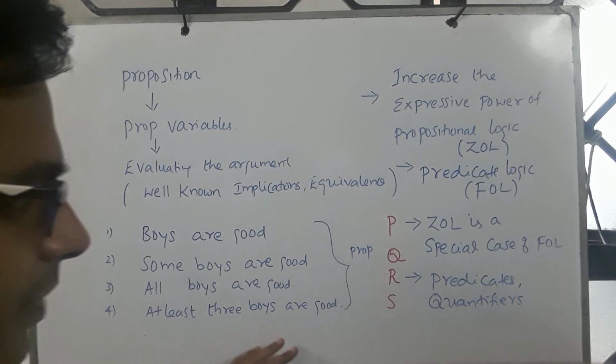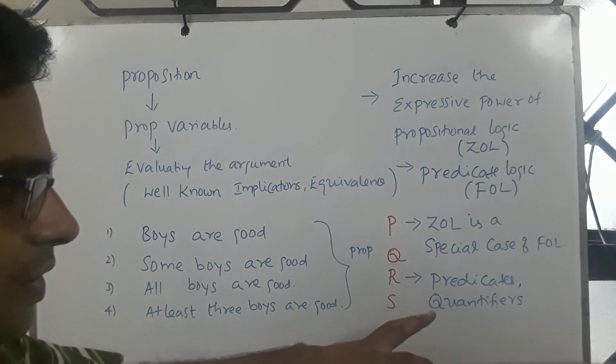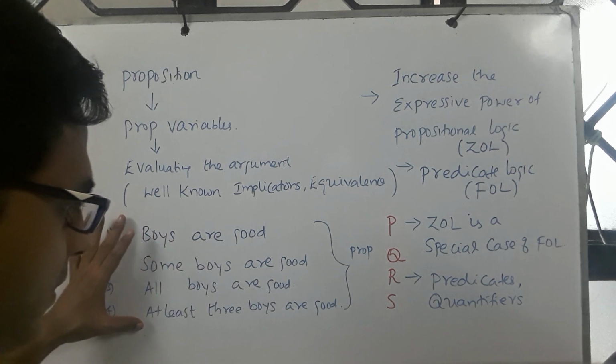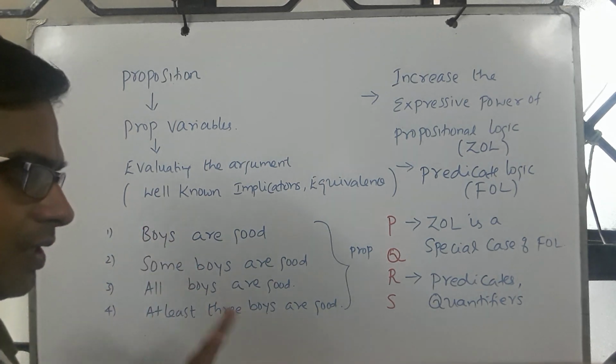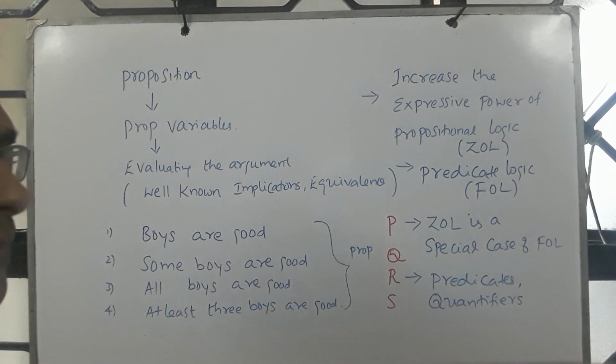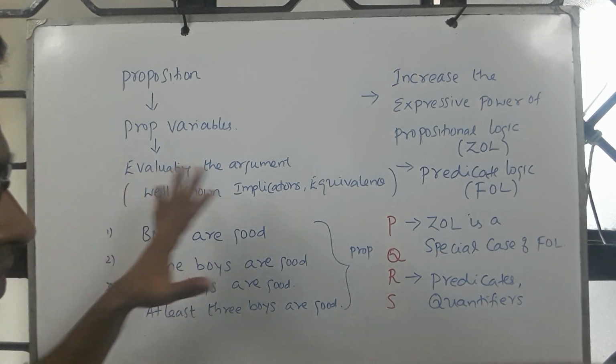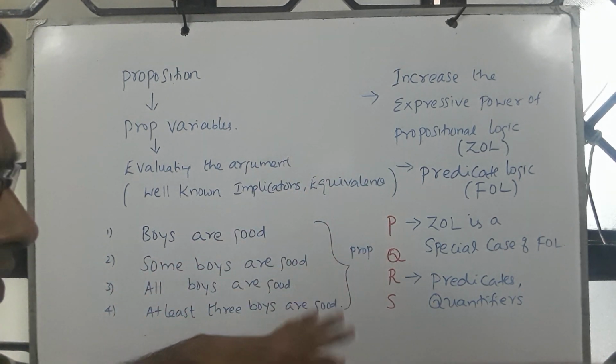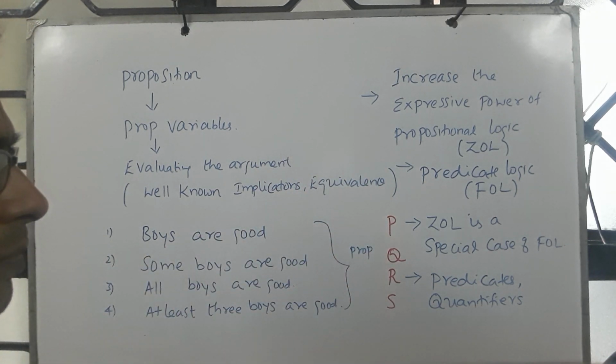So we shall now see what predicates are, what quantifiers are, and how to represent statements of this form using first order logic or predicate logic. Whatever we have discussed so far in the context of propositional logic, we will take it forward and build on top of it by adding some more features like predicates, quantifiers, and so on.